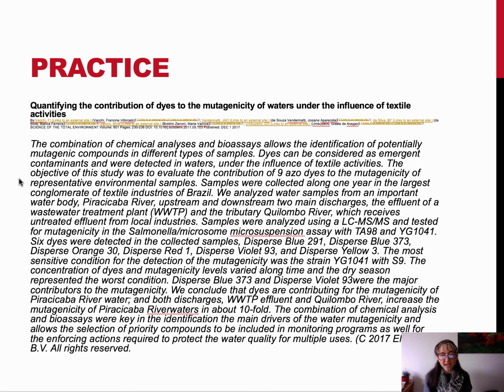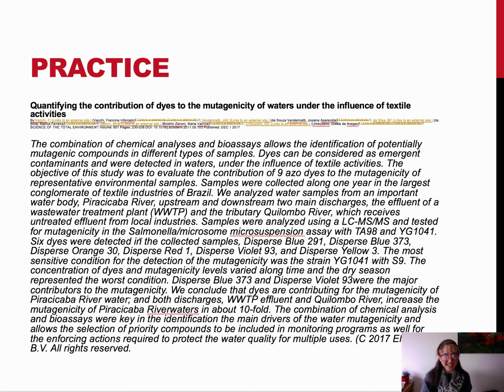We analyzed water samples from an important water body, Piracicaba River, upstream and downstream of the two main discharges, the effluent of the wastewater treatment plant, so WWTP, remember working with that in lab. Actually, you probably haven't gotten to that lab, wastewater treatment plant water that is coming downstream. And the tributary to the Quilombo River, which receives untreated water from local industries.